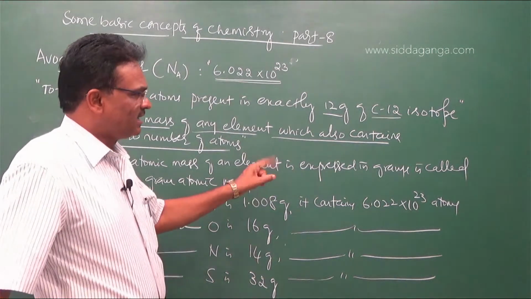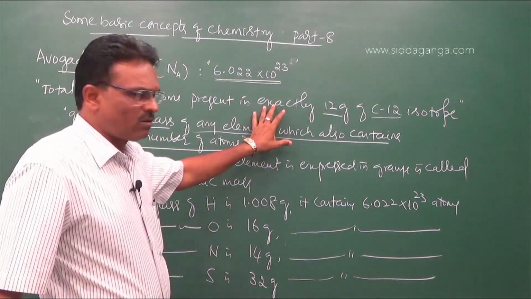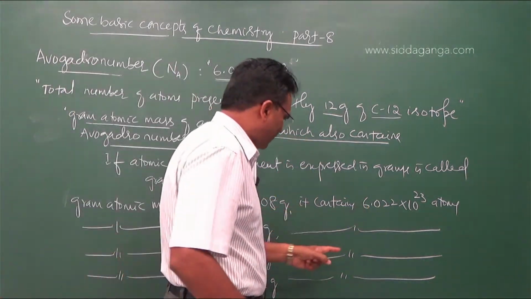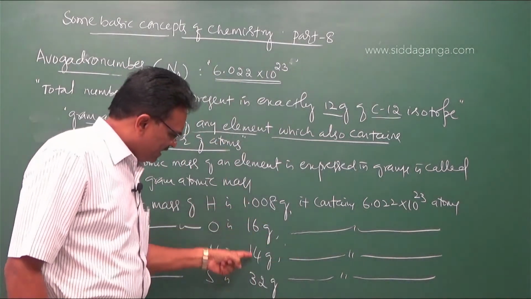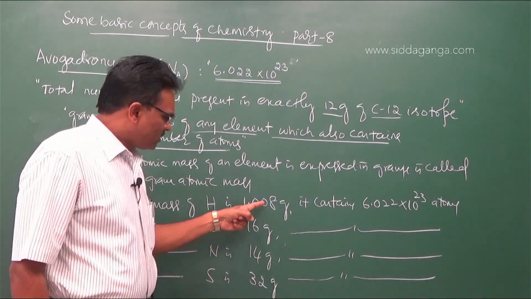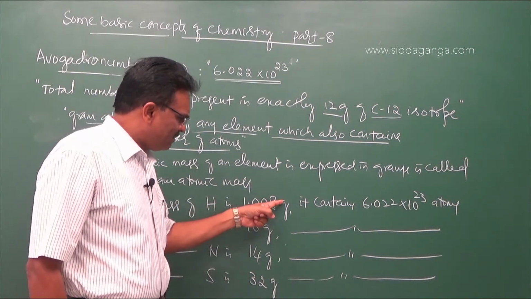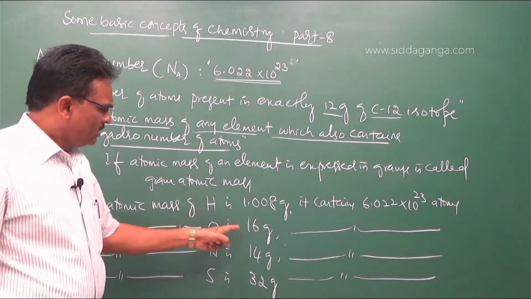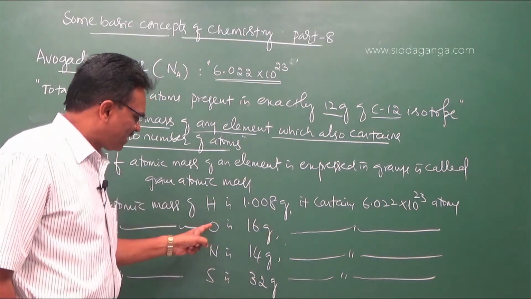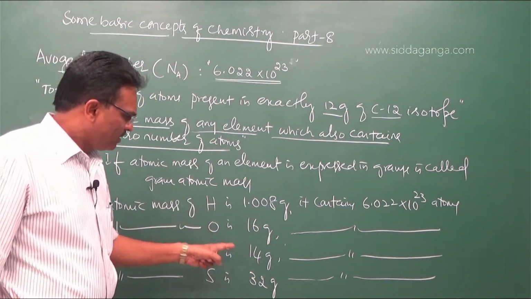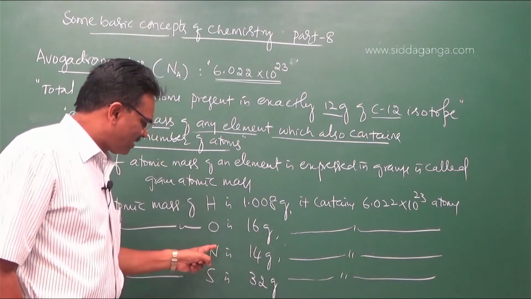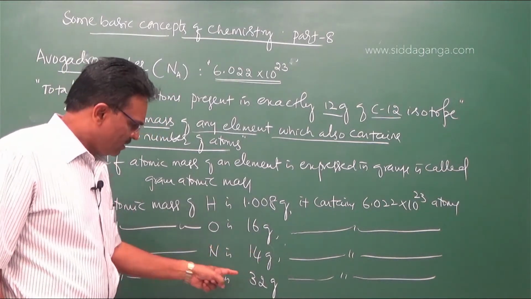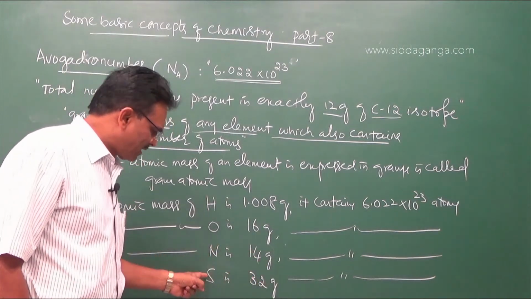Clear? So remember this well. Observe the Avogadro number here. If we take any element, 1.008 gram is the gram atomic mass of hydrogen. 16 gram is the gram atomic mass of oxygen. 14 gram is the gram atomic mass of nitrogen. 32 gram is the gram atomic mass of sulfur.